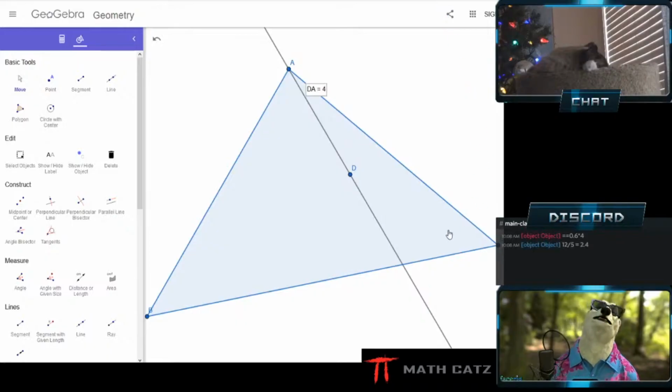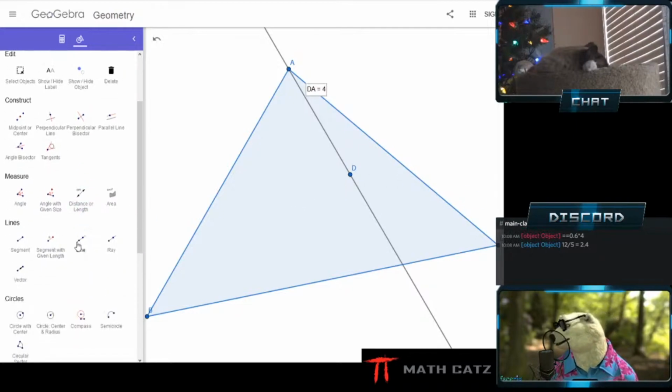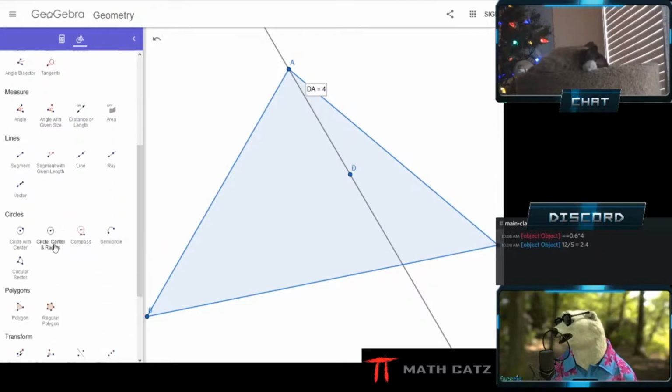And my new length that I need to measure from D, always from the center, always from the center. So important, I'll say it again. Always from the center is 2.4. I'll do that by way of a circle by specifying its radius.